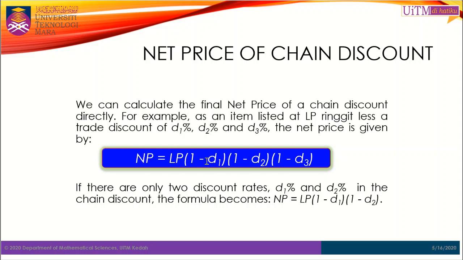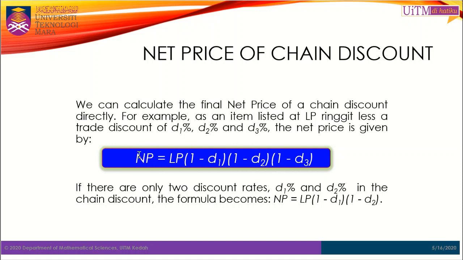But instead of a single trade discount, right now you have multiple trade discount rates, that is D1, D2, and D3. So if you want to find the net price directly, you can extend the net price formula to include the three discount rates.